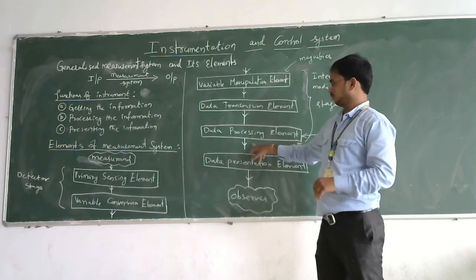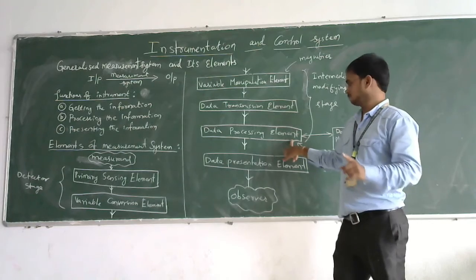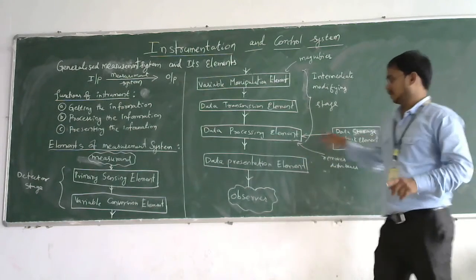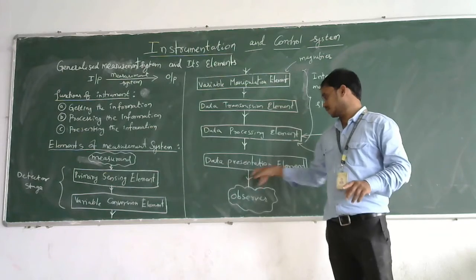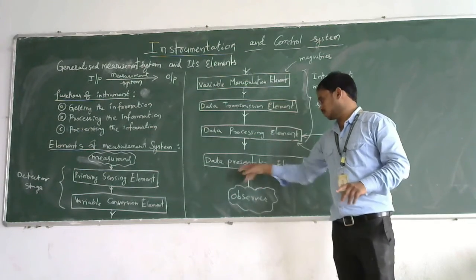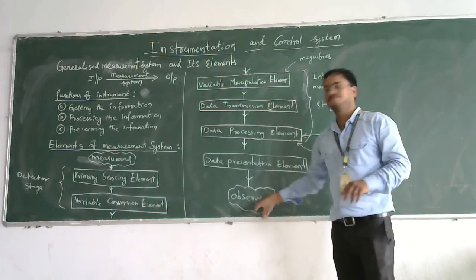So, in order to cut them out, we are using the data processing element. And from data processing, we have data storing. And from here the signal reaches the data presentation element, and thus data will be presented to the observer.